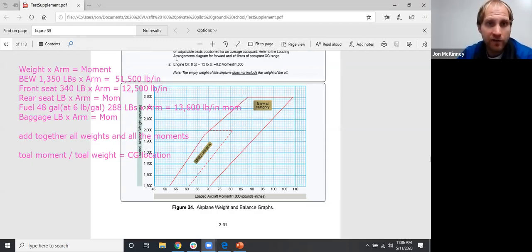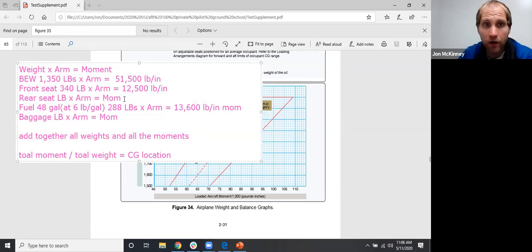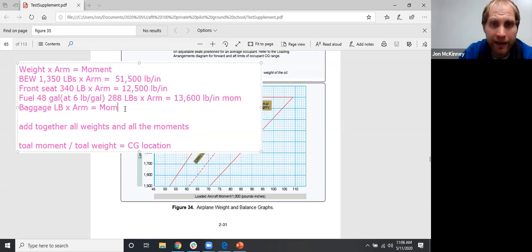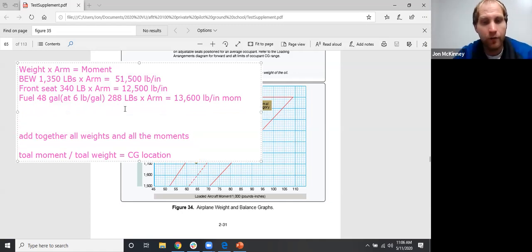So let's make some modifications to our notes here. Now that we have an idea of what's going on, we understand that there are no rear seats to account for in this particular example. We understand that there is no baggage we need to account for, but we are going to have some oil we need to account for, and it's going to be a negative number.